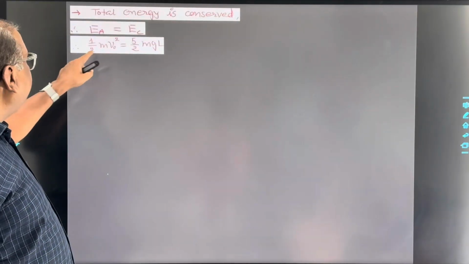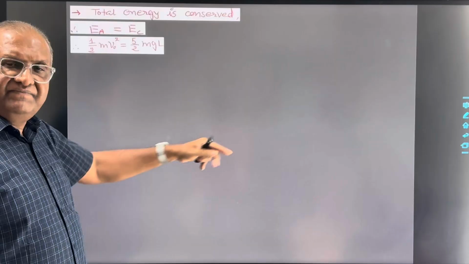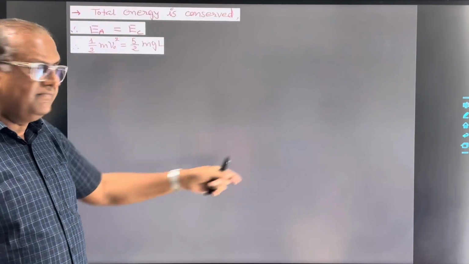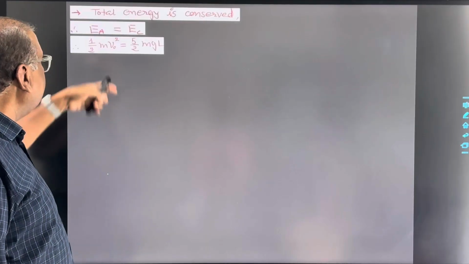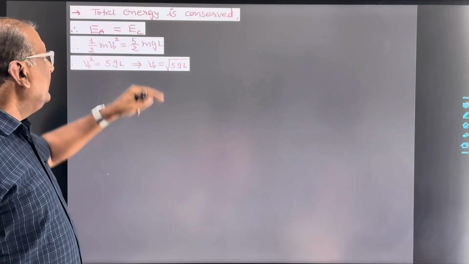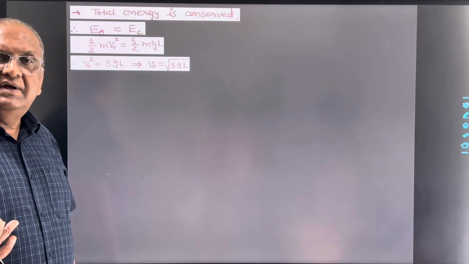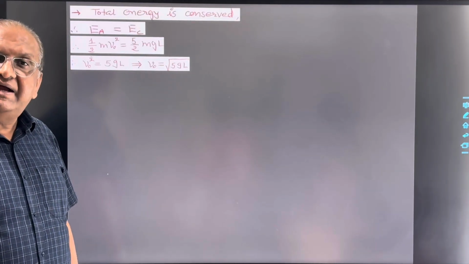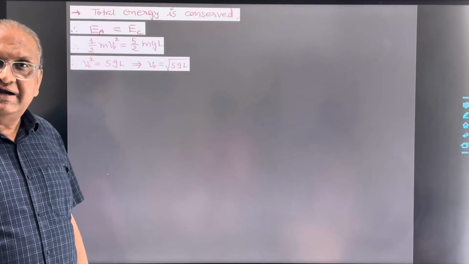EA is half m v0 square, and EC is 5 by 2 mgL that we derived earlier. Now the 2 cancels, so v0 square is 5gL and v0 is under root 5gL. So the horizontal velocity applied to the bob is also calculated.